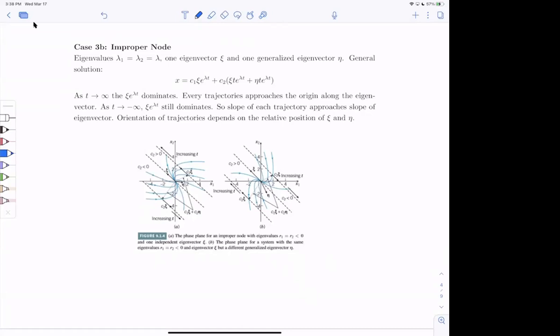So this is sink. So improper nodal sink, and this is improper.